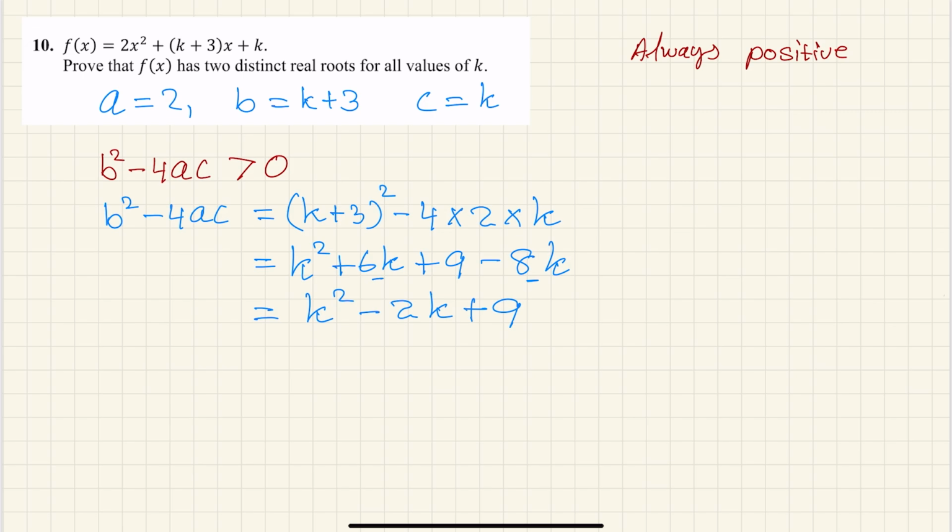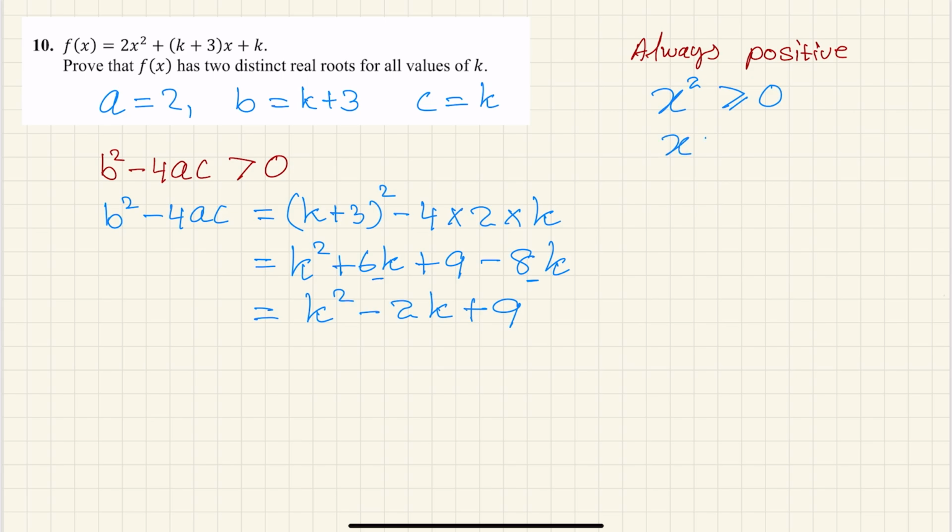If you look at x square, this is always positive. When you put any value into x, you're going to get a positive number. When x is equal to 0, you get 0 for x square. So we can say that x square is always greater than or equal to 0.